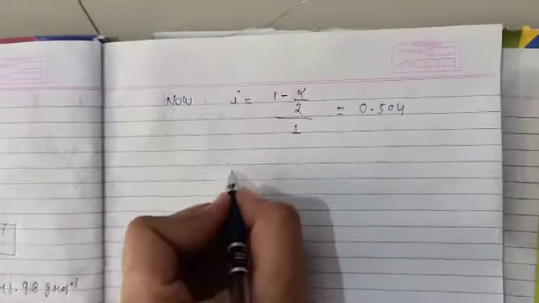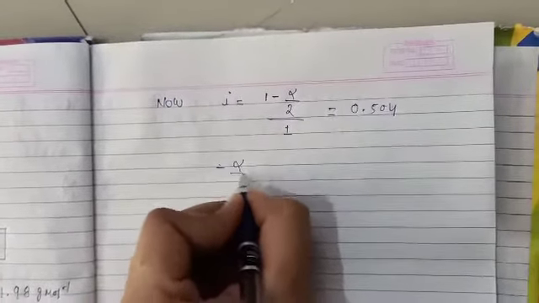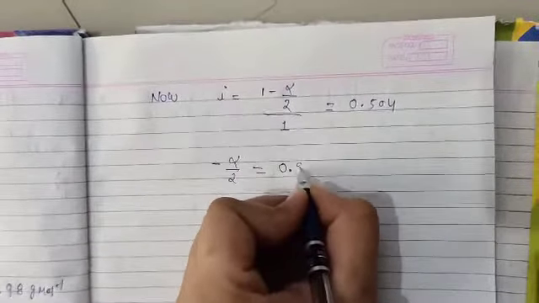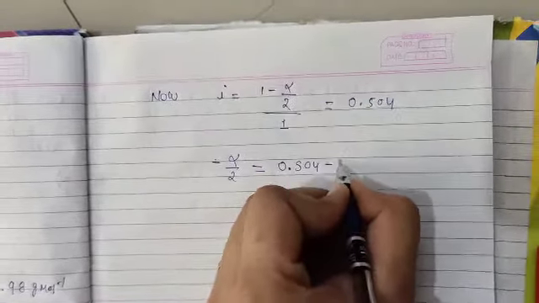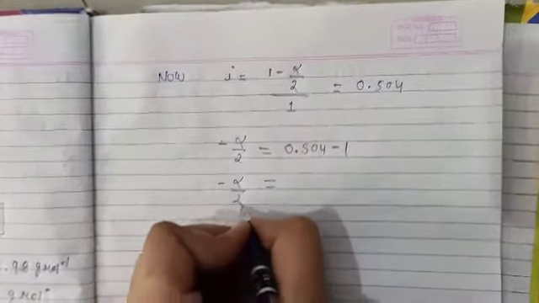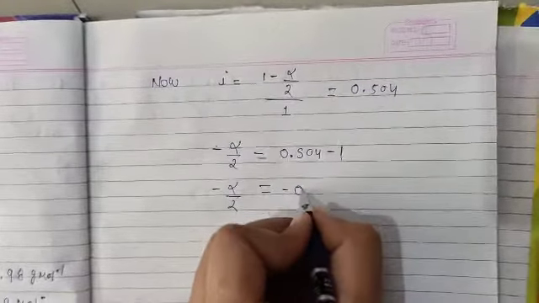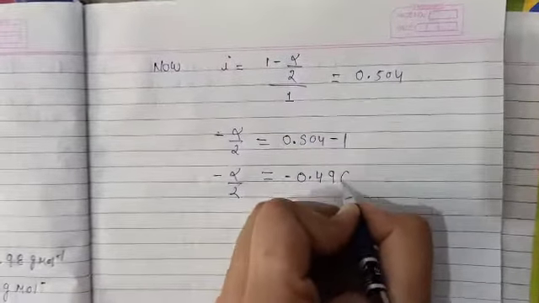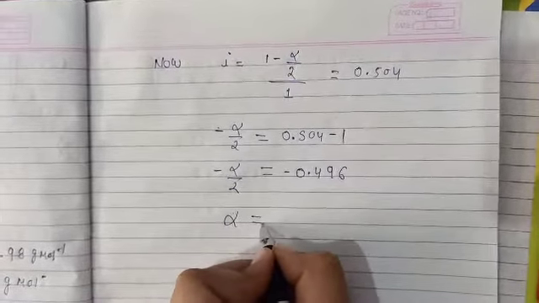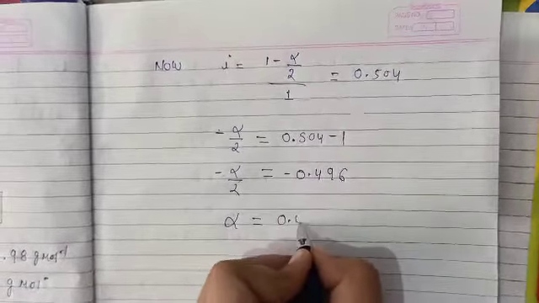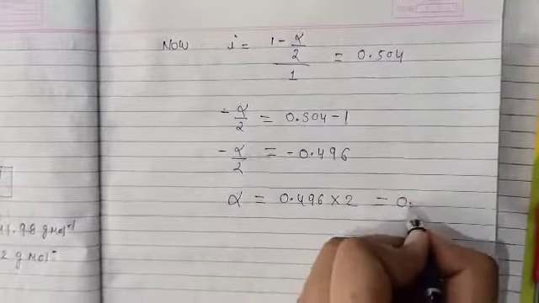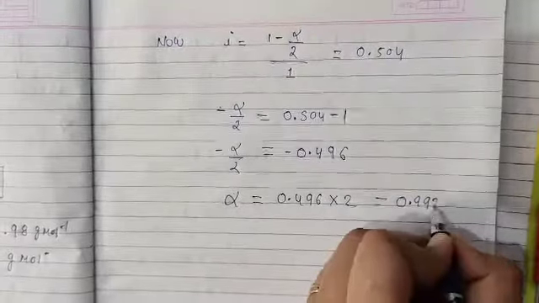Now here we can solve it. Minus alpha by 2 is equal to 0.504 minus 1. Subtract it. You will get minus alpha by 2 is equal to minus 0.496. Minus minus will cancel, and alpha is equal to 0.496 into 2, which is equal to 0.992.